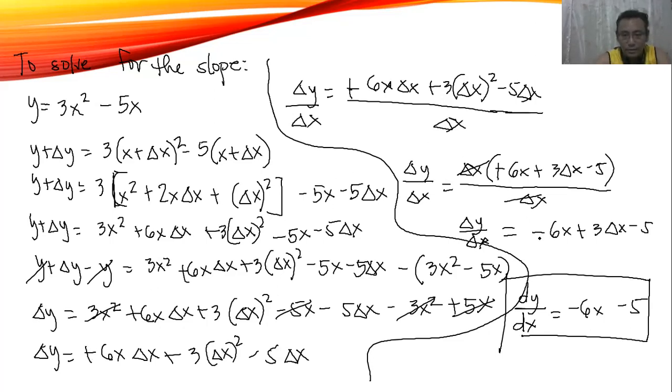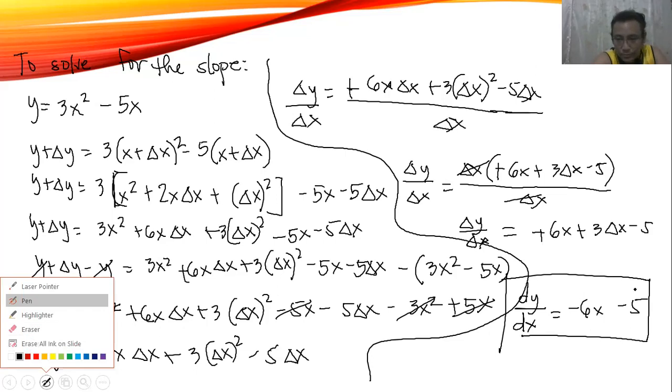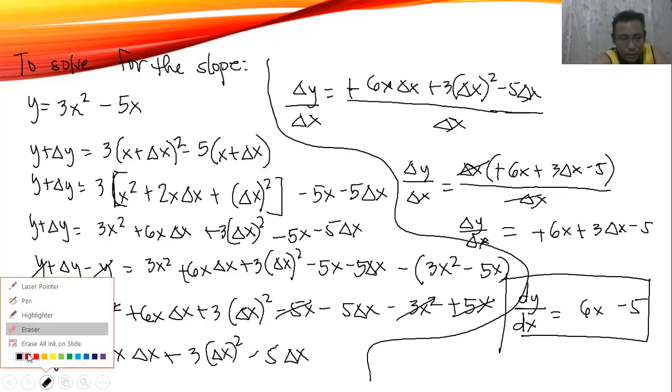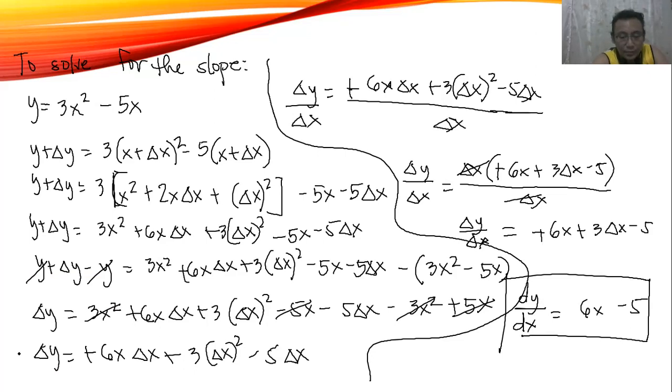Positive, positive, positive. So we have 6x minus 5 as the derivative of the curve 3x squared minus 5x. So again, 6x minus 5. So the slope is equal to 6x minus 5.